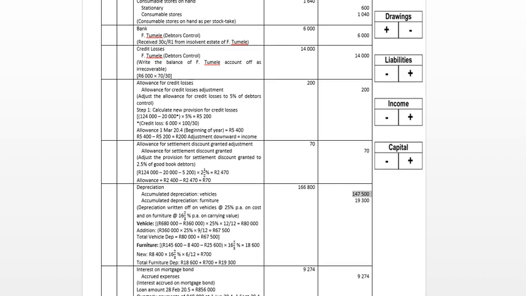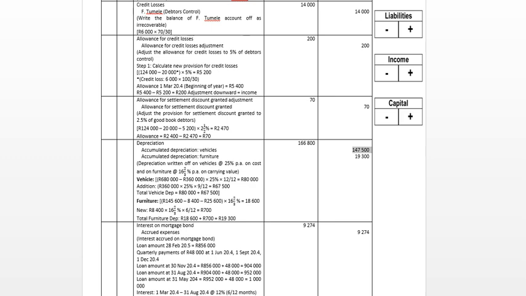So we'll credit 147,500 Rand. So in this example, what I did is I just added the depreciation for vehicles and furniture together, okay, to get our total depreciation.